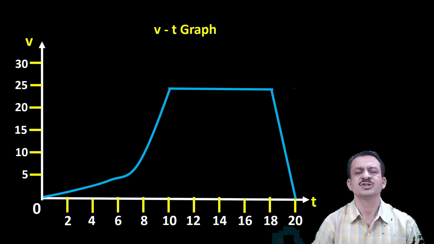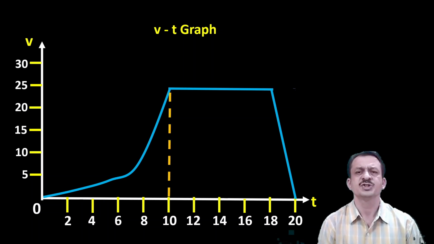Let me take the first time interval. At t1 equal to 0 seconds, velocity v1 is also 0. At the 10th second, that is t2 equal to 10 seconds, what will be the velocity? In order to find the velocity at the 10th second, we will draw a vertical dotted line as shown in the graph.